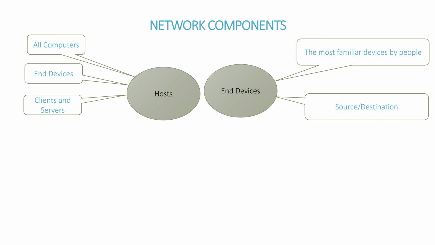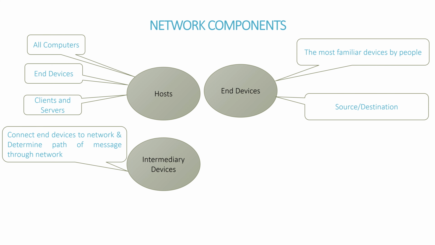Great. So let's go on with the other components of the network. We said hosts and end devices, and another very important one is intermediary devices. The intermediary devices connect the individual end devices, even multiple ones, to the network. The intermediary network device provides connectivity and ensures that data flows across the network.